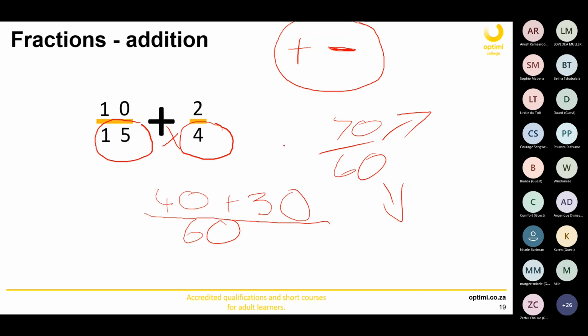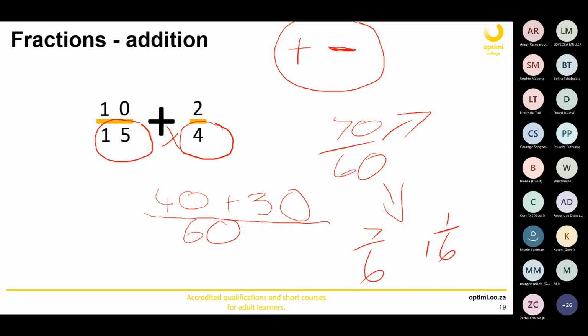Easier to see that 10 can go into both, so it becomes 7 over 6, and then I make it a mixed number by saying how many times does 6 go into 7? Once, and what's left? 1 over 6. 10 over 15 plus 2 over 40 is 1 and 1 over 6.